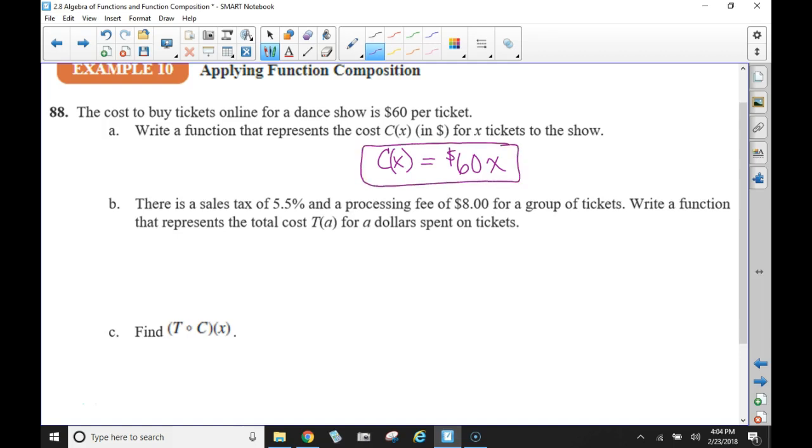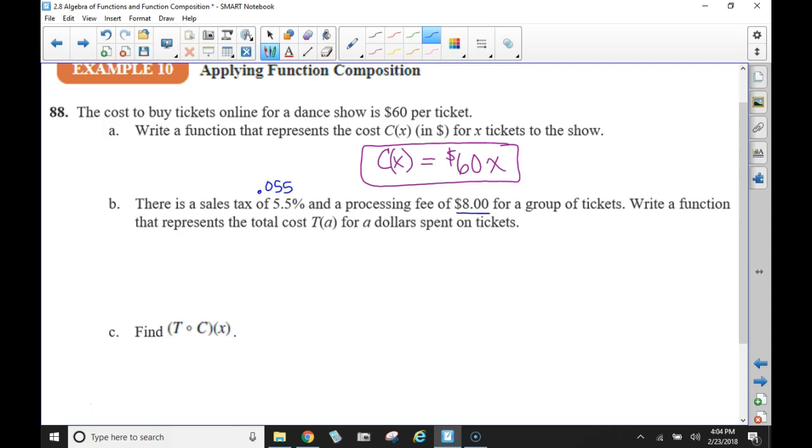Right? But on part B, there is a sales tax of 5.5%, in decimal form that is actually 0.055, and a processing fee of $8, flat fee, for a whole group of tickets. Write a function that represents the total cost, T of A, for A dollars spent on tickets.